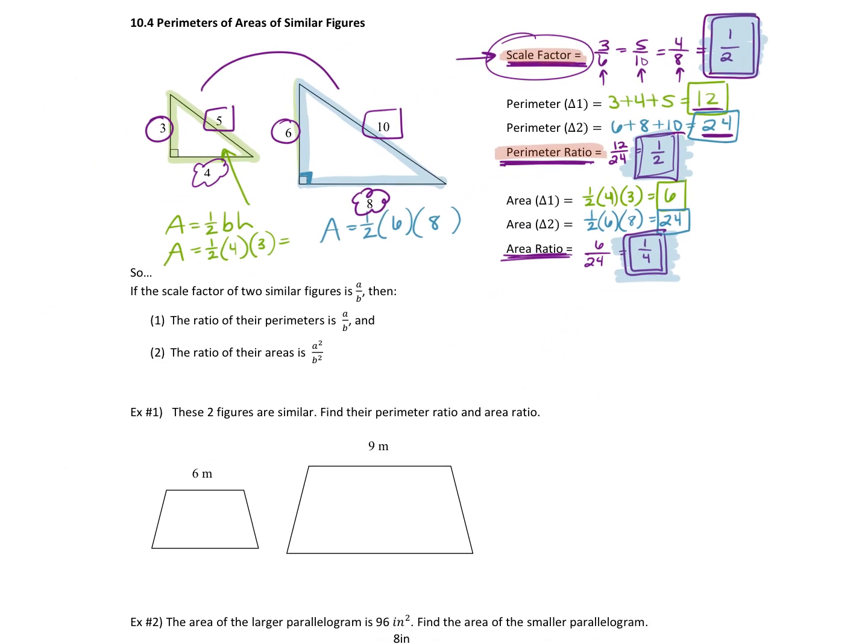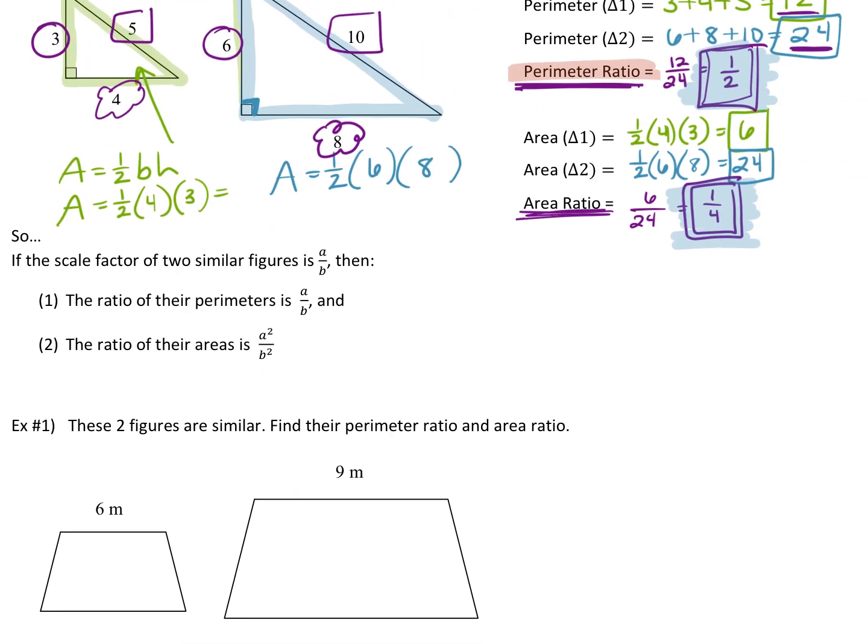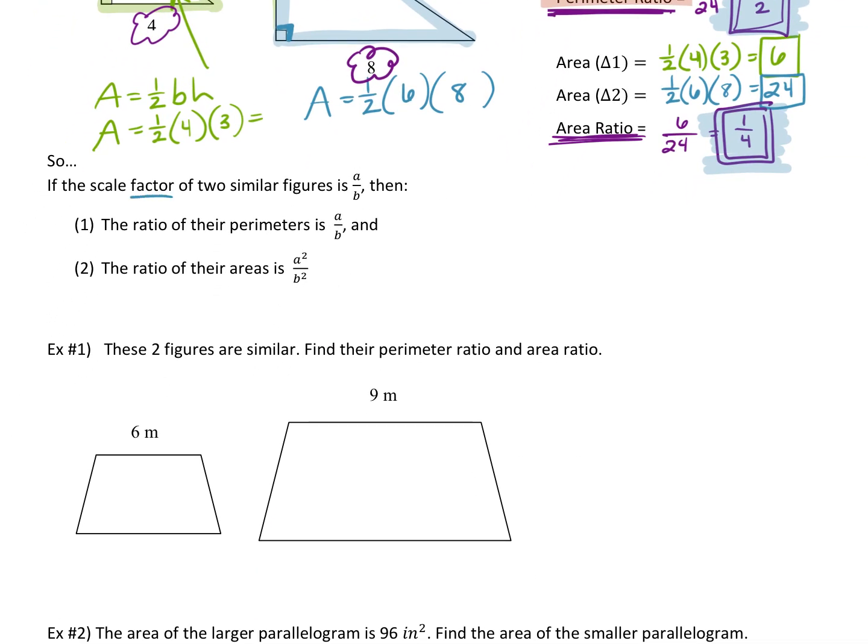Look down here, okay? This is the setup. This is what happens. If your scale factor is A over B, then your perimeter ratio will be A over B. Your area ratio will be those numbers squared, okay?